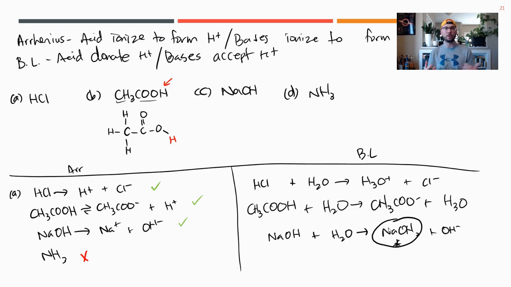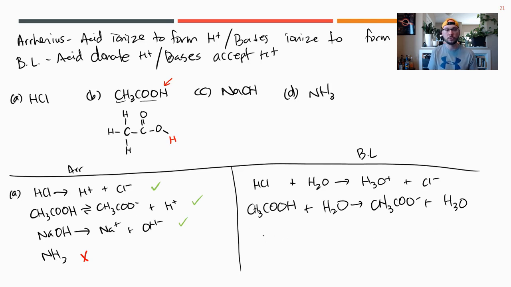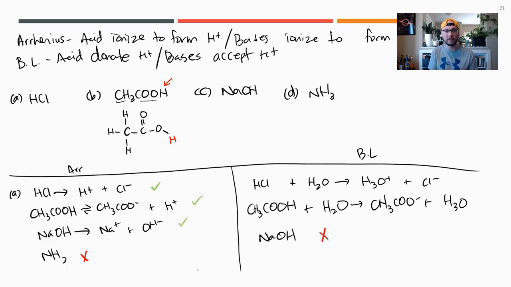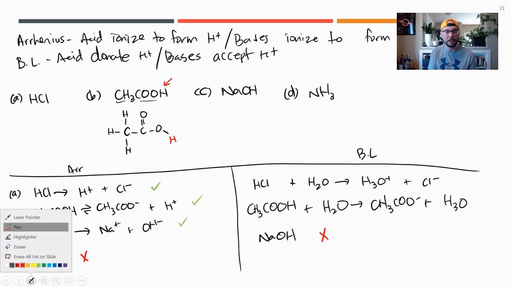But it has to in order for Bronsted-Lowry to work. So we've got sort of a problem here. In reality, the Bronsted-Lowry does not explain strong bases well or at all. So we don't use it. So for strong, we'll write NaOH, and then we're going to put a red X here, showing that it does not work for strong bases.